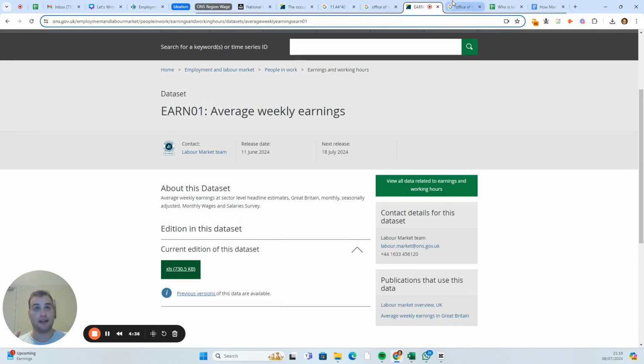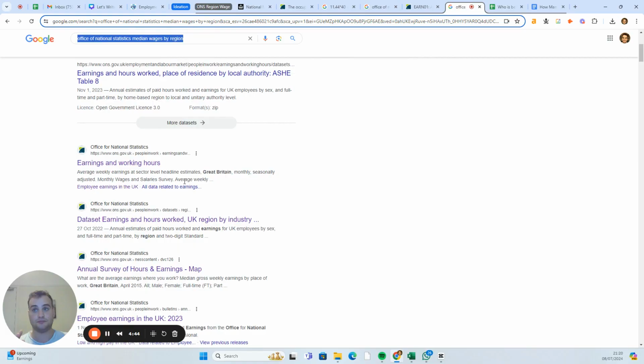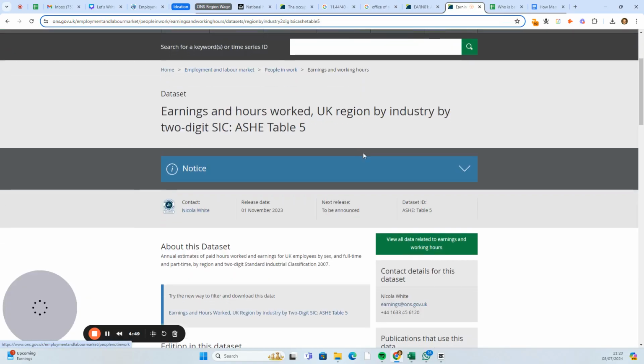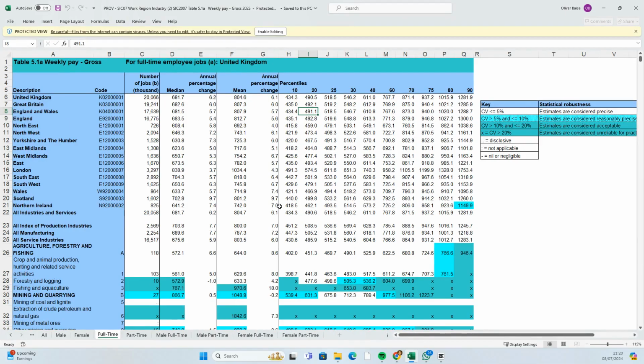So I went back to Google and I Googled Office of National Statistics median wages by region. And then I found this, and I got this file.